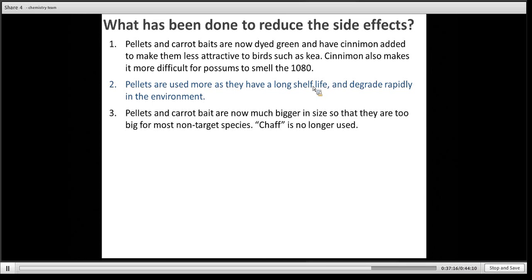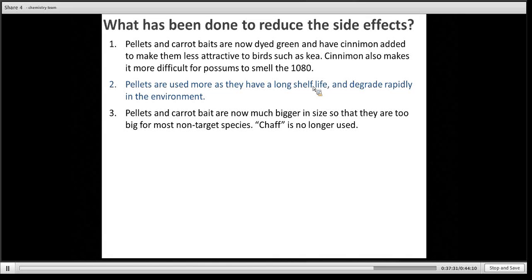Also, the bait sizes are now much bigger, so it's much harder for the birds to move them around or to eat them very easily. In the past, they used very tiny bits, and it's called chuff, and that is not used anymore.